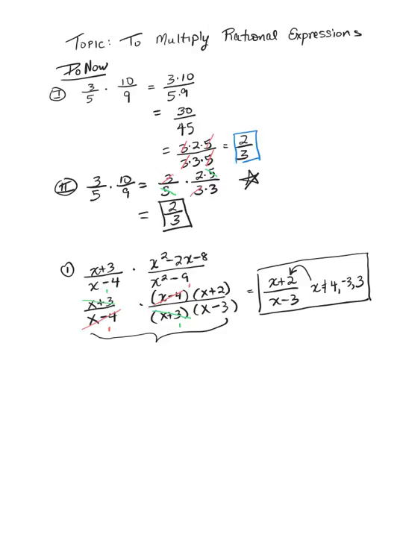Okay, so let's summarize how to multiply rational expressions. To multiply rational expressions, we factor all numerators and denominators completely.